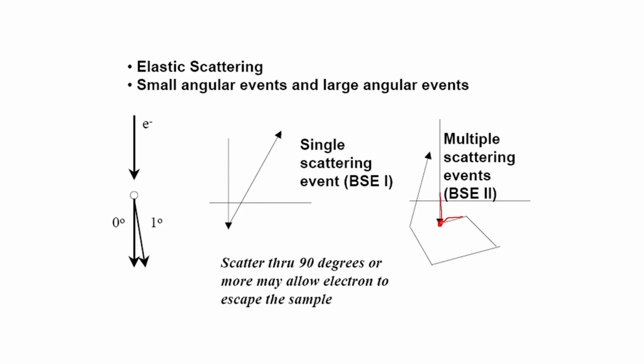After looking at all this, can anybody tell me, in comparison of BSE1 and BSE2, which one will be of higher energy? Yeah, because BSE1 comes out after only one scattering, whereas BSE2 has lost a lot of energy while interacting with other things in the specimen. As a result, BSE2 will have a lower energy as compared to BSE1.